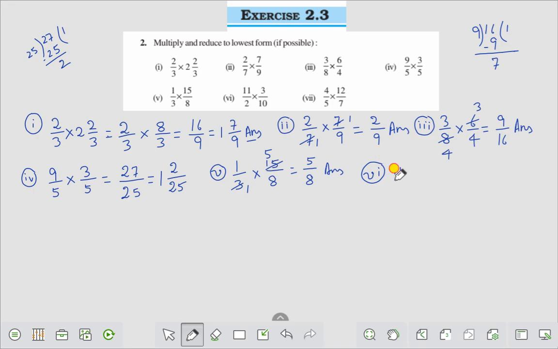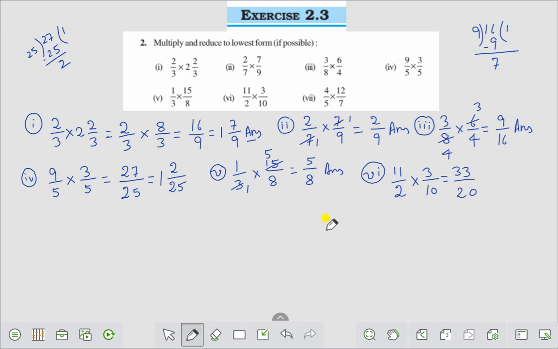Now question number 6 is 11 by 2 into 3 by 10. We are getting 3 11s are 33, 2 10s are 20, right?